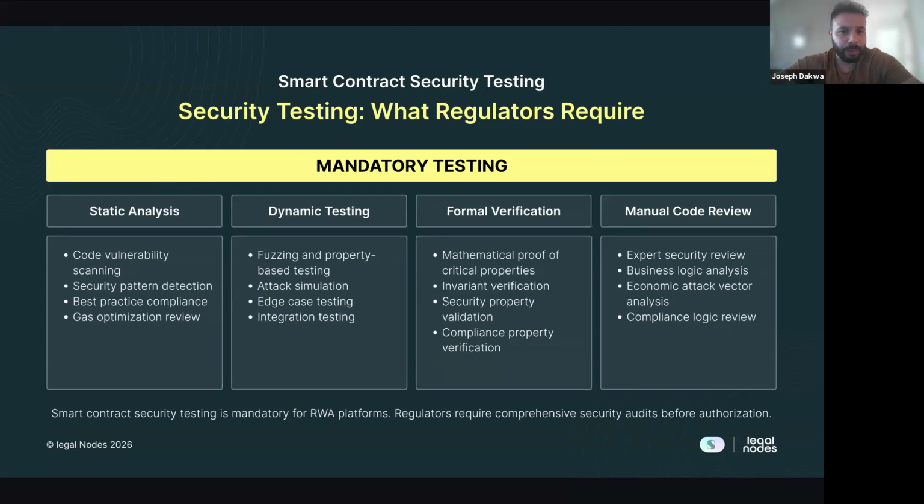Some of them are purely static, and they are important to run. For the likes of Slither, you've got Mythril and a few others, and they're really good at detecting, at face value, the high level vulnerability patterns. You should run them prior to doing these next steps.